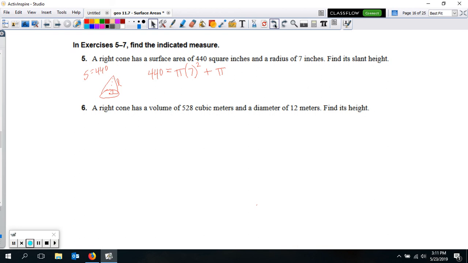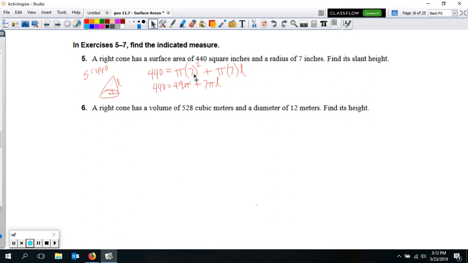So we don't know that one. So r is 7 again, and we're just going to put an L so that there's our variable. So we're solving for that variable. So as we clean this up over here, we're going to make this 49. So 440 equals 49 pi will be our first one, and this will be plus 7 pi times L. And so this term here has the variable, so we need to move this 49 pi to the other side.